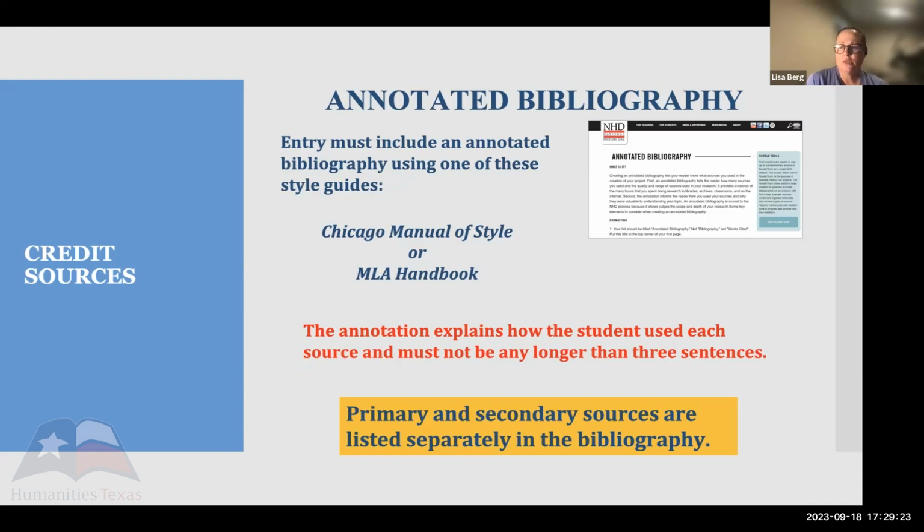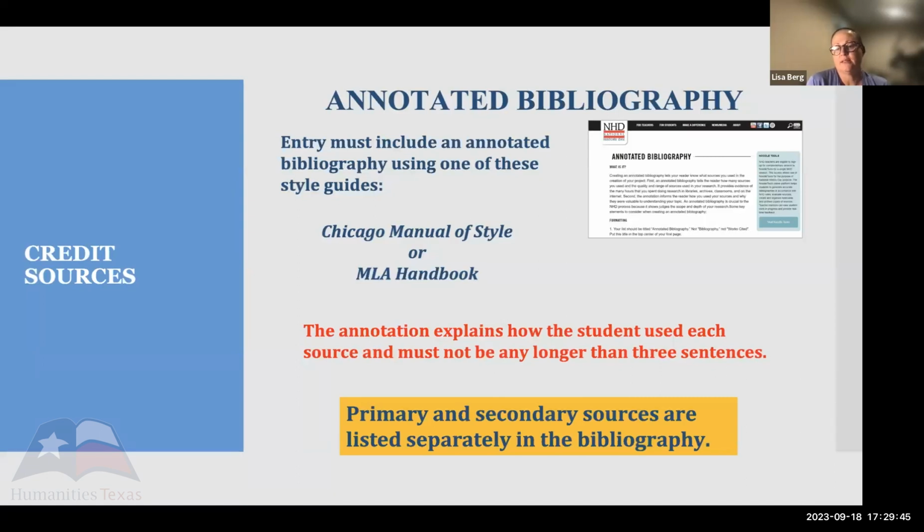So if it's a photo, we'd rather the students not say something like, this is a photo that helped me or showed me. Of course we can see that from the source, we know it's a photo, but why is it important? What did you gain from it? It makes students really think about their sources and why they were important to their project.